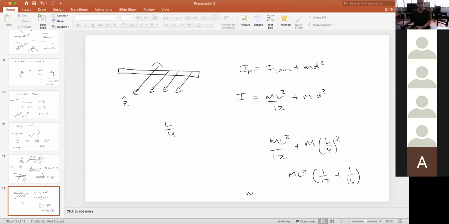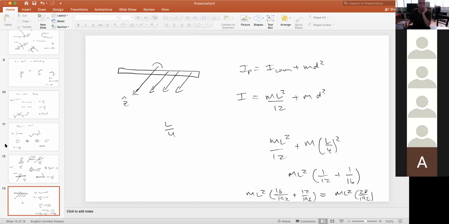So this would be ml squared times (16 over 192 plus 12 over 192), which is 28 over 192, whatever that is, about 0.14. So this would end up being ml squared times 28 over 192. That would be your I if we moved it a quarter of the way.